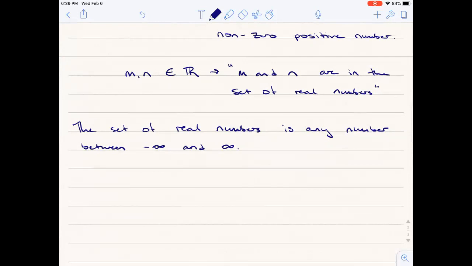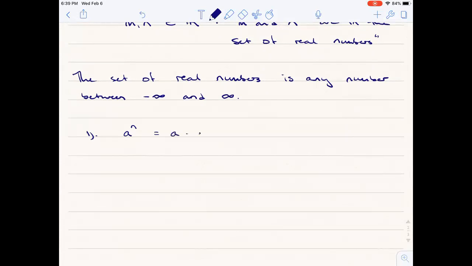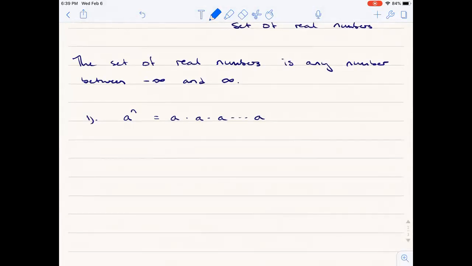So now that we have those laid out, we can start writing down these rules that we'll be able to follow. So the first rule is the one that we've already talked about, and that is just to establish that A to the power of N is just A times A times A times A. And so I'll put my definition here in a lighter color, A multiplied N times.